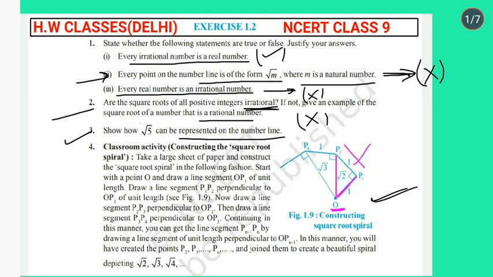Now again you have to draw a line segment P2P3 on this line as perpendicular, so this will become root 3 unit. Now again you can draw a line segment P3P4 and so on, so the square root spiral will be constructed. So this was your classroom activity.